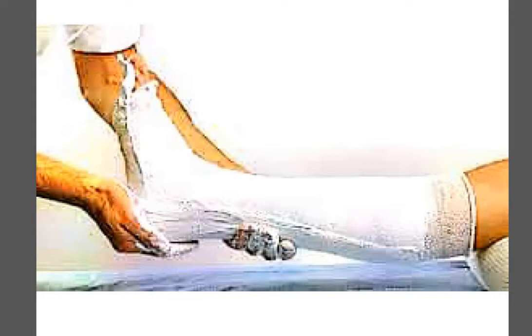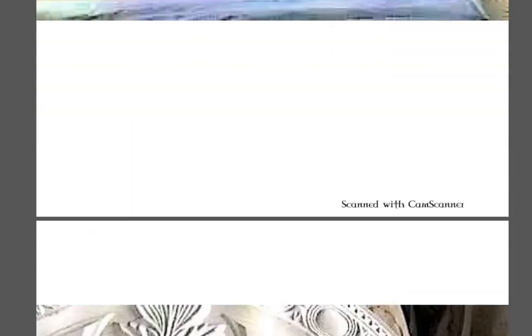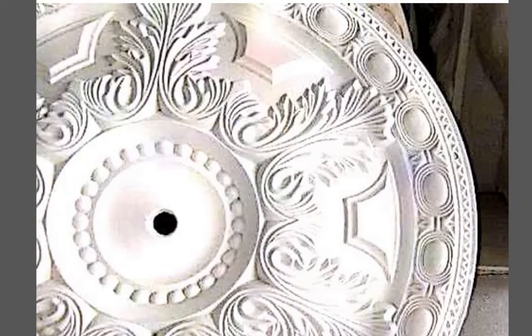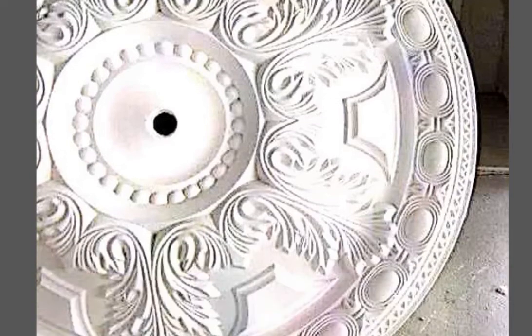Whenever we get a bone crack or there is a problem with our bones, a fracture, a coating is applied onto that part of the bone. That material is the plaster of Paris, which further gets hardened when exposed to air. Similarly, ceilings can also be made with the help of plaster of Paris, and different designs can also be given using that.